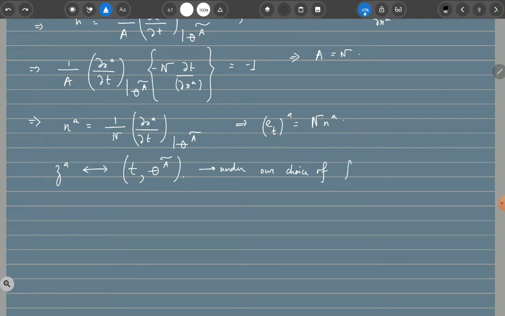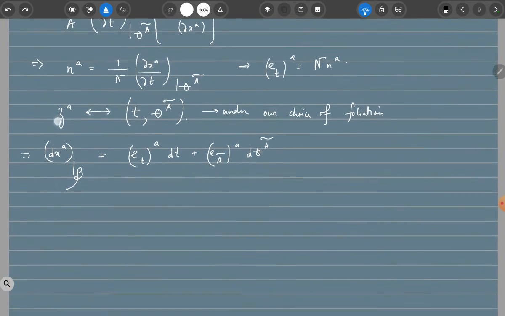Any arbitrary displacement dxa that is confined on the boundary surface curly B is actually equals to et of a dt plus of ea of a d theta a, and I hope that you can easily understand why it is so.